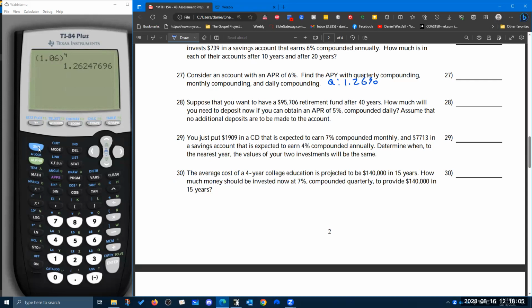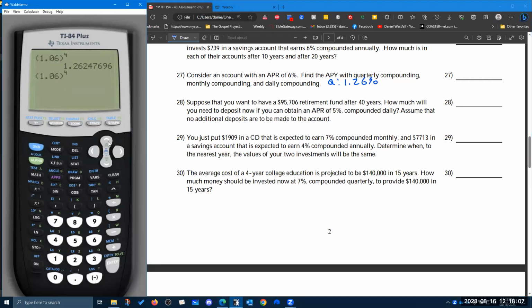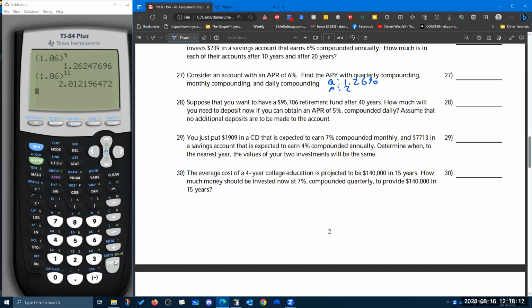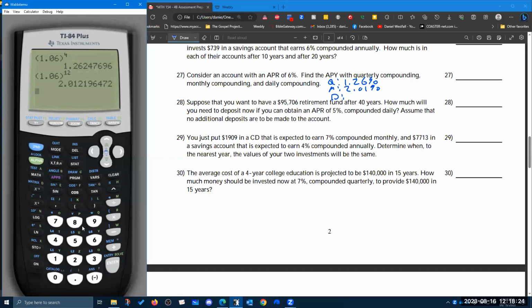For monthly, we've got 2.01%. And for daily, we have a big number.